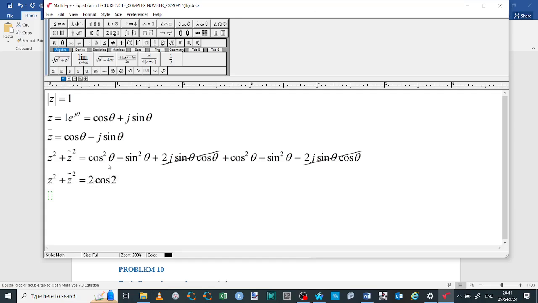You know that cos squared minus sine squared is equal to cos 2 theta. You know that formula, and then there is the 2 there, so it is 2 cos 2 theta.